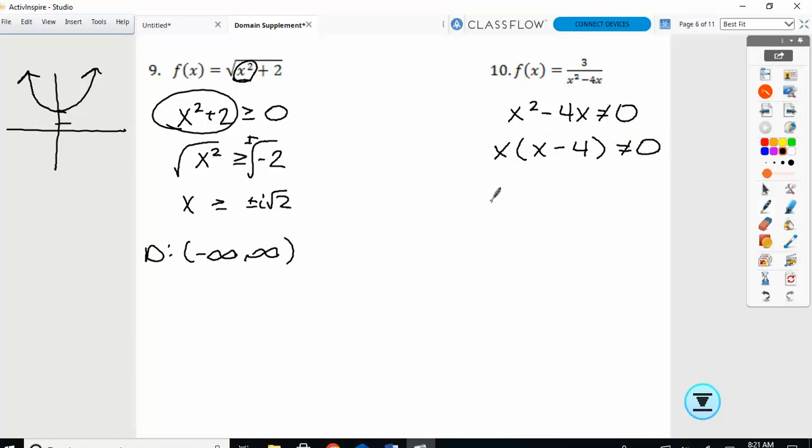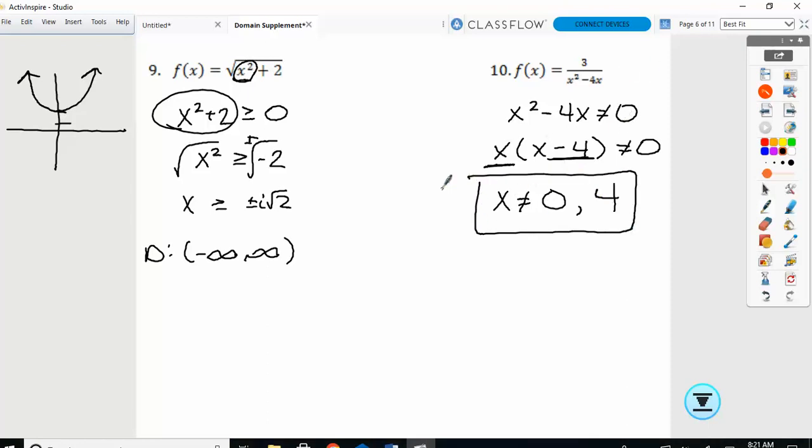So, what would make just a plain x? If you just have a plain x, what would I put for that? X cannot be 0. And what makes x minus 4 equal 0? 4. If you plug in a 0 or a 4, you get 0 on the bottom of that fraction. Since it's more than one value that x can't be, we're just going to leave it like this.